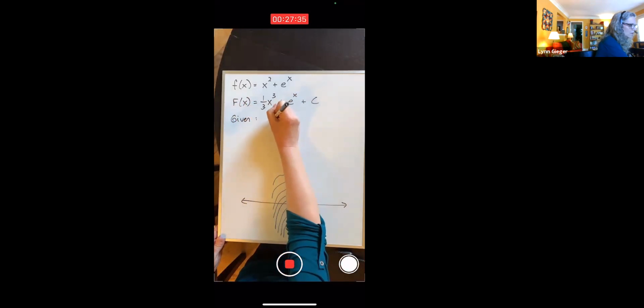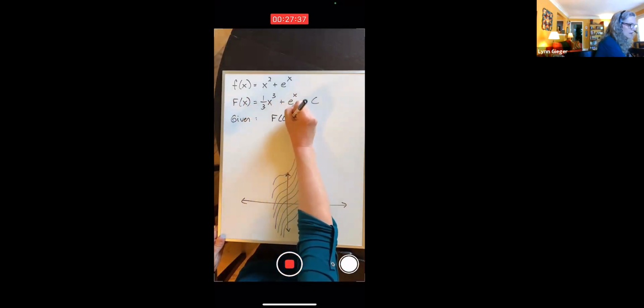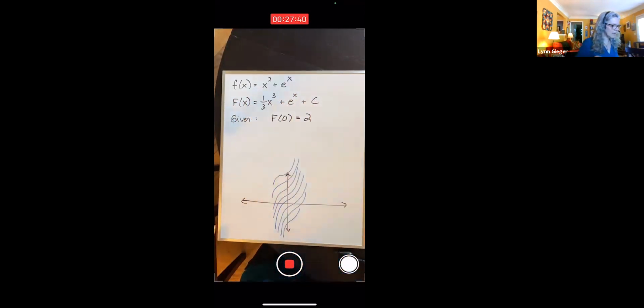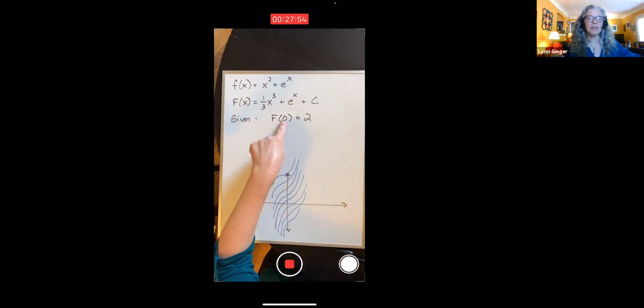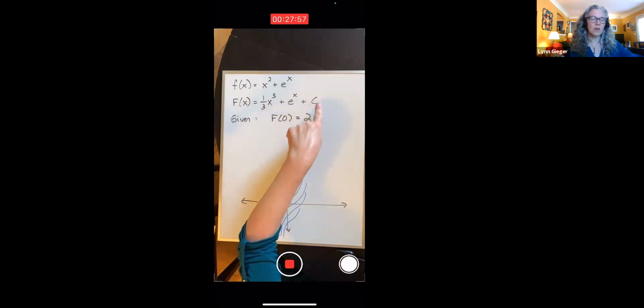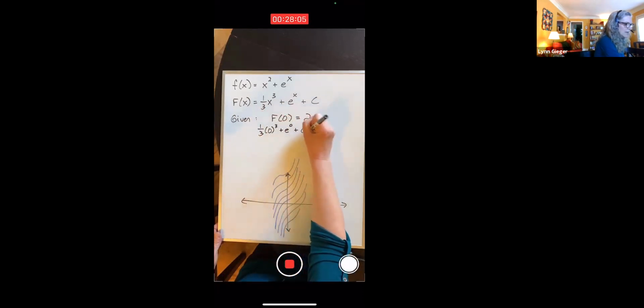So if you were also given something like that, that f of 0 equals 2, then graphically you would say, all right, then I need to figure out which one of these passes through the point 0, 2. The way we're going to deal with that is that we're going to plug a 0 into this arbitrary family function. That's going to give us 1/3 times 0 cubed plus e to the 0 plus c.